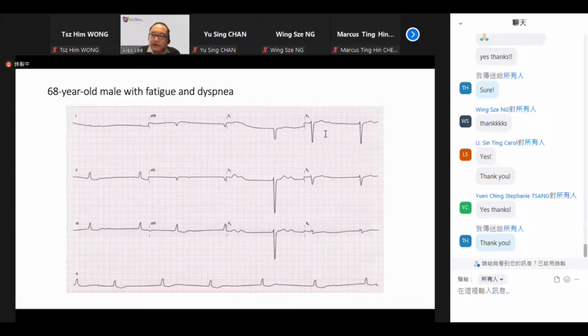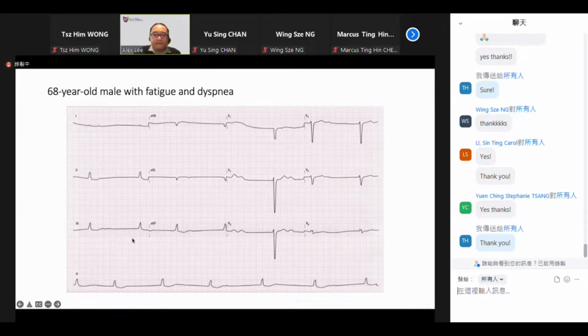It's electrolyte abnormalities, hypokalemia. But what other electrolytes can give you a U wave? Is it magnesium? Hypomagnesemia. So in a patient with U wave, unexplained hypokalemia especially, check the magnesium. Check the magnesium, check the potassium in this patient.